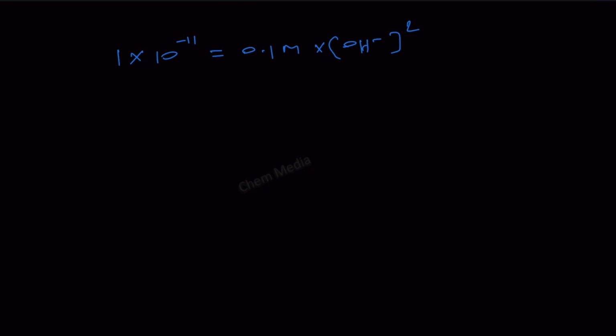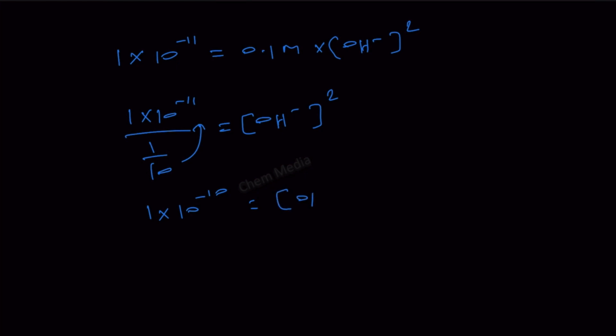So 1 times 10 to the power minus 11 divided by 1 by 10 is equal to [OH-] square. When this 10 comes up, it becomes 1 times 10 to the power minus 10, equal to [OH-] whole square.